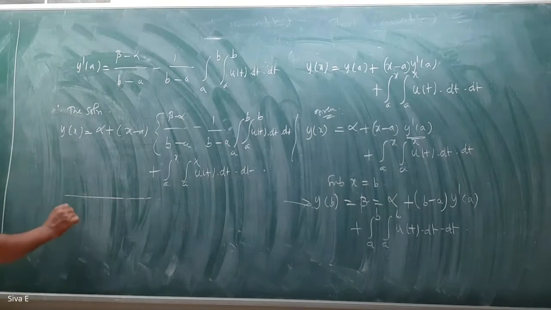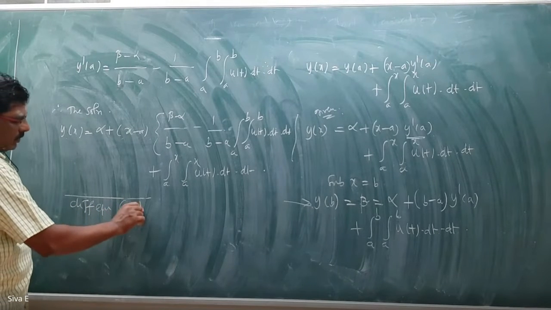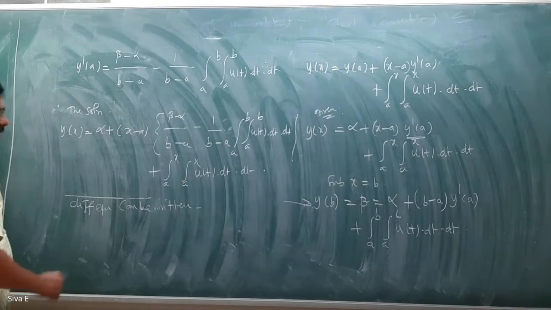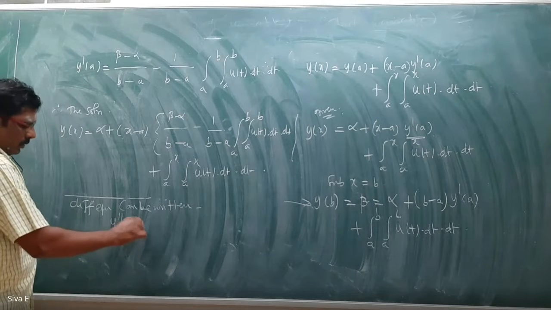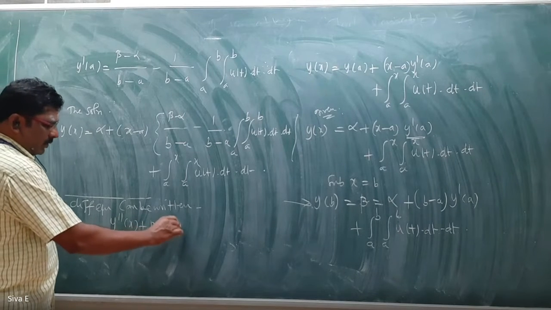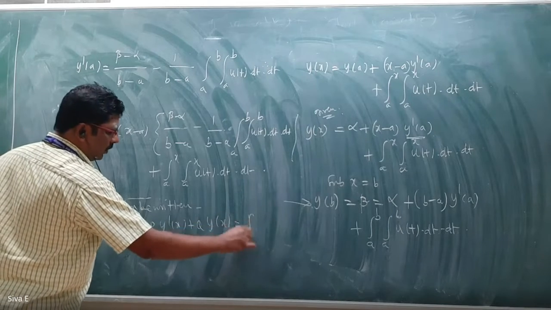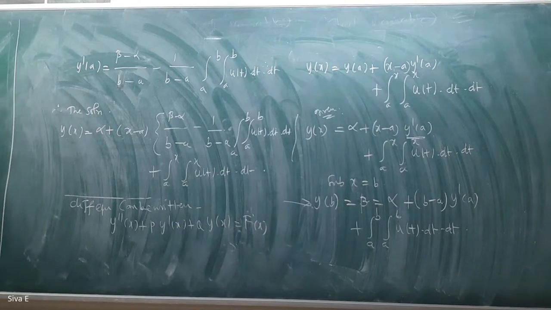And one more thing, the given differential equation can be written as, what is the given differential equation? Y double dash of x plus p y dash of x plus q y of x equal to f of x or capital F. Either you can write in one of the two.